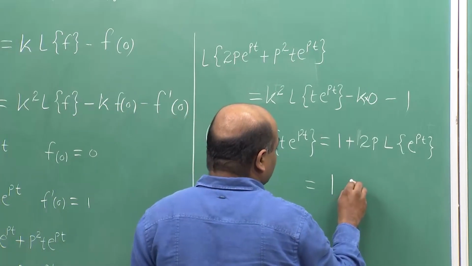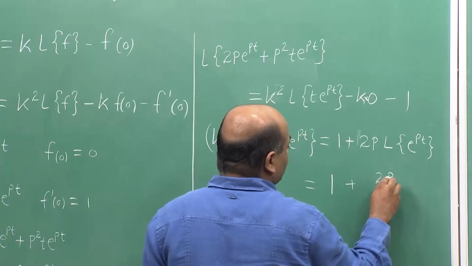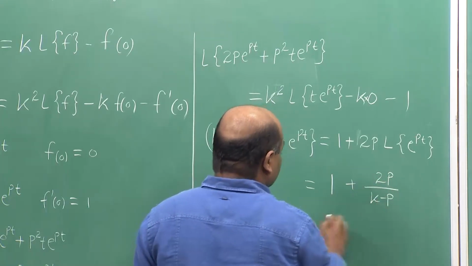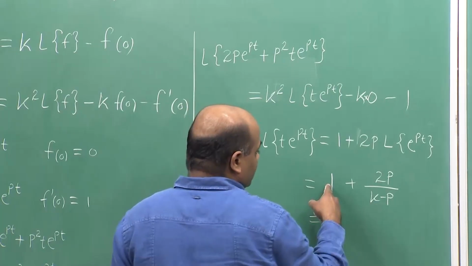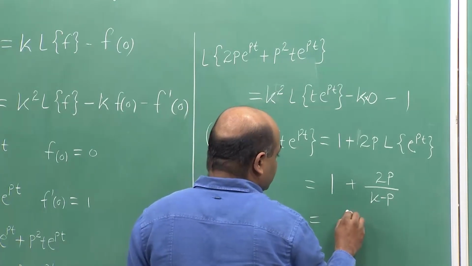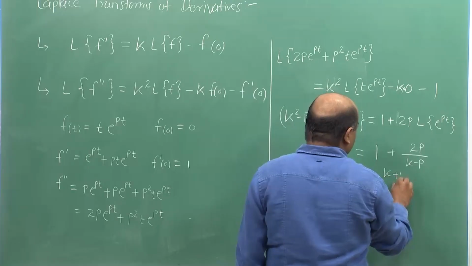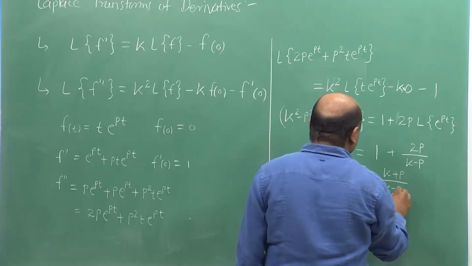So, 1 plus 2p over k minus p, which is nothing but k minus p plus 2p, which is k plus p, over k minus p.